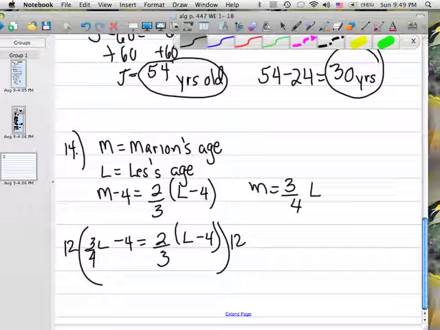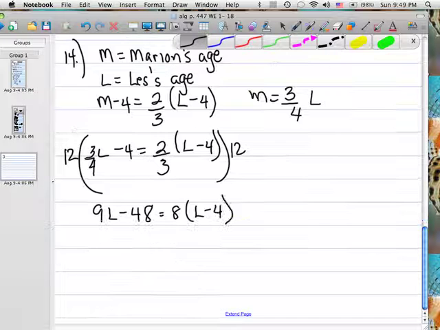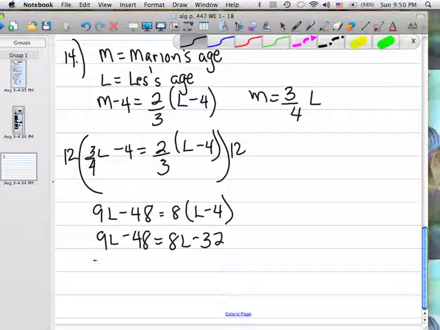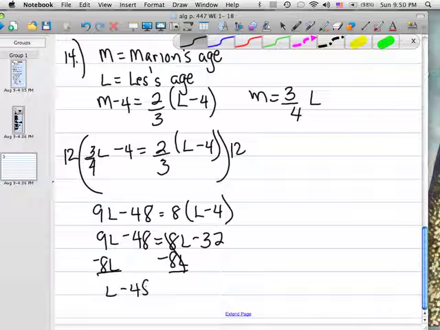That'd be 9L minus 48, distributive property. 3 goes into 12, 4. 4 times 2 is 8 times the quantity L minus 4. So I have 9L minus 48 equals 8L minus 32, distributive property. Subtract 8L from both sides, and I get L minus 48 equals negative 32.